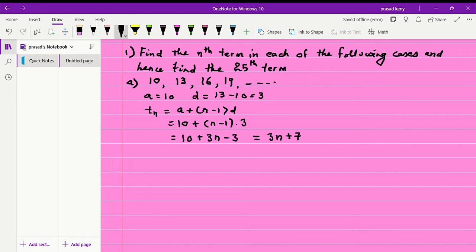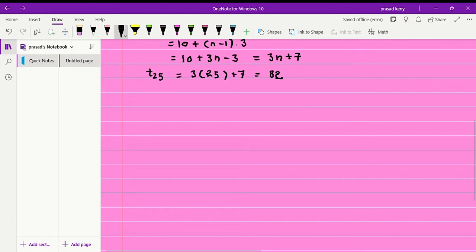So that is the general nth term of this AP. So to find T25, the 25th term, what I'll do? I'll put n is equal to 25. So that is 3 into 25, 75 plus 7, that is 82. The 25th term of this AP will be 82.